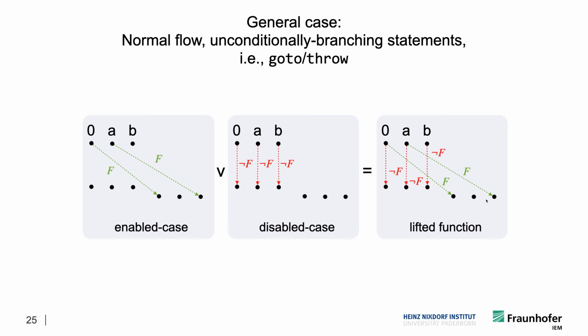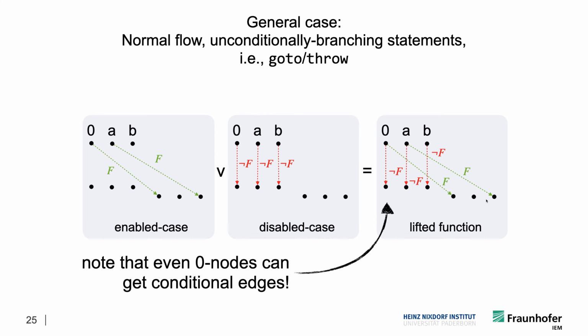What's interesting here is that in this particular case, even edges that relate to the zero node can become conditionalized. Why is that? Well, normally I told you that the zero effect, it's always true, right? So it's the tautological fact. But in this case here, you can have configurations in which certain lines of code are not even reachable, right?